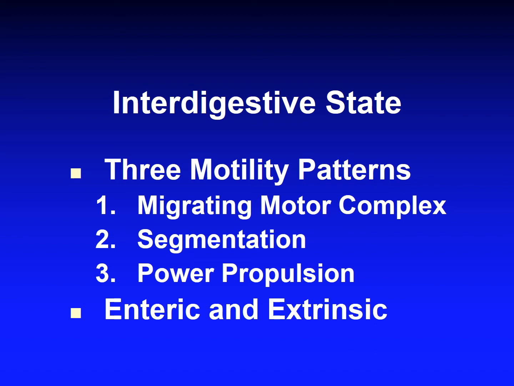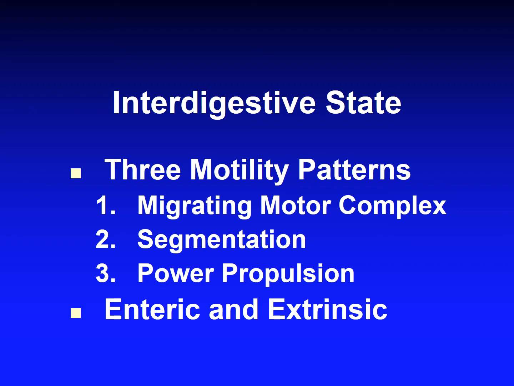This is the last or the third stage. But the major motility pattern is the MMC in the small intestine in the interdigestive state. And all of these are controlled by enteric as well as extrinsic innervation, but the majority is enteric control. The enteric nervous system is in control at this stage.